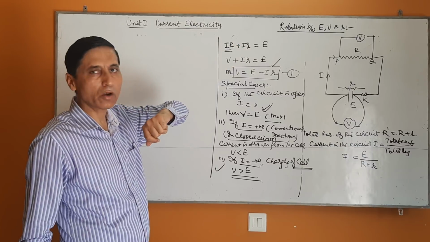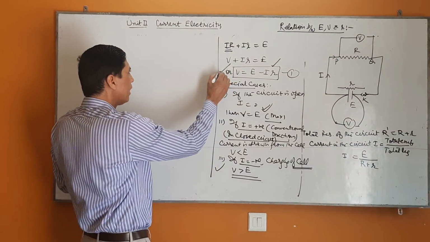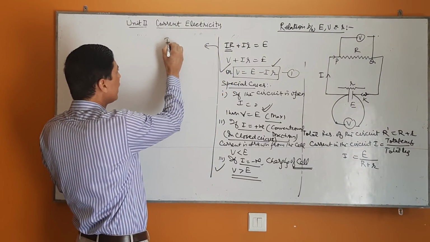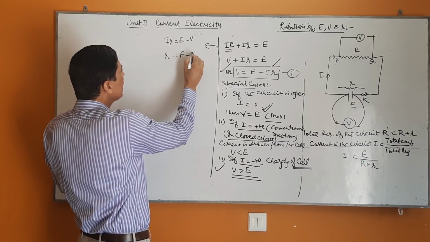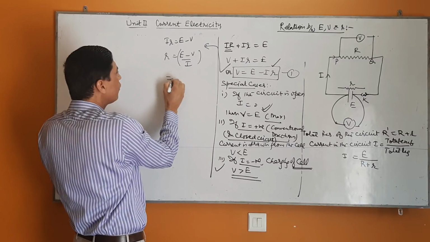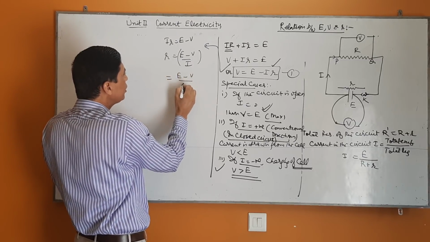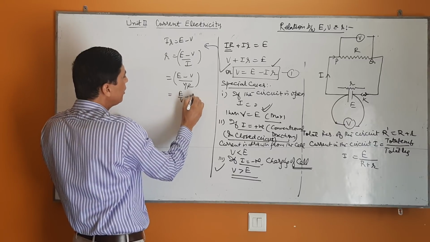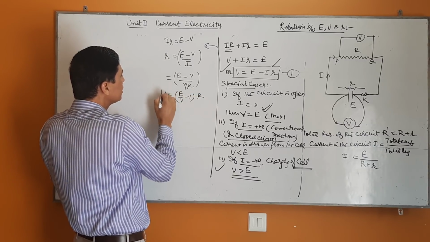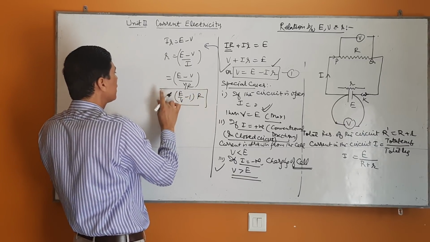From this expression you can find the value of resistance also. Again I want to make it clear, if Ir is equal to E minus V, or r is equal to (E minus V) upon I, and I is equal to V upon R, if I simplify, then it is r = (E upon V minus 1) into R. This is the formula of internal resistance.